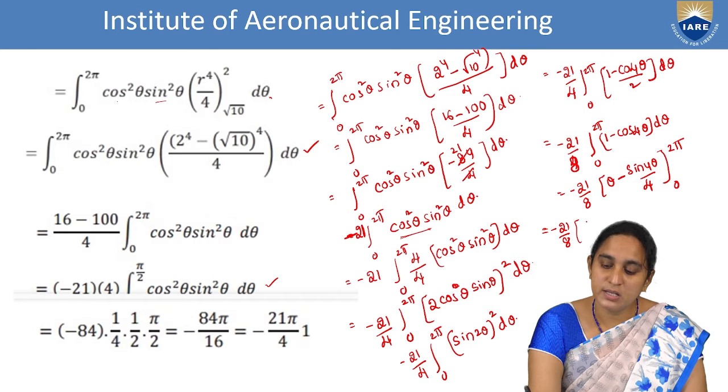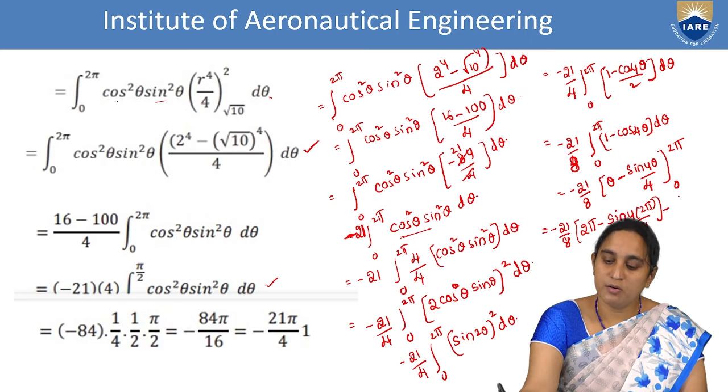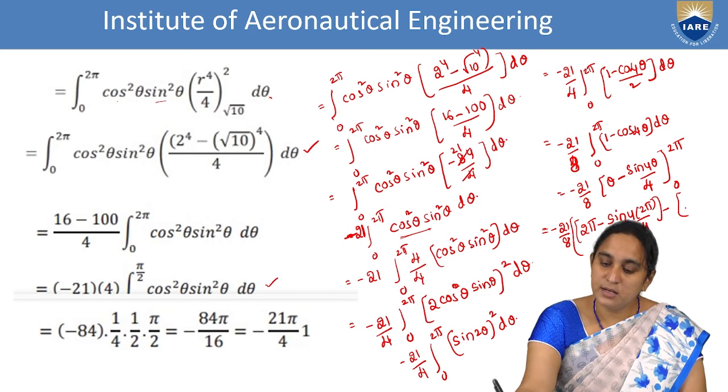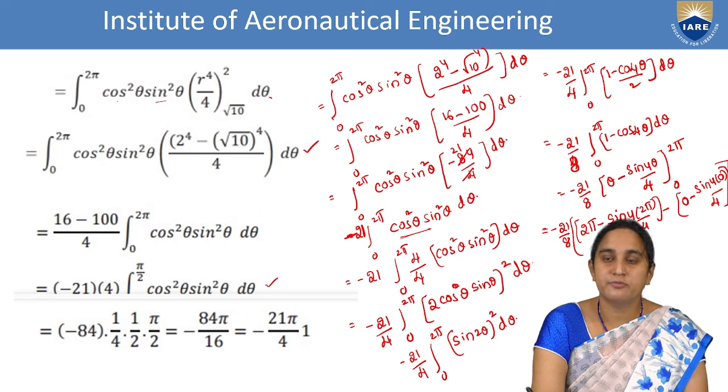Now I'm substituting 2 pi in place of theta: 2 pi minus sin 4 of 2 pi by 4, minus, for theta as 0, 0 minus sin 4 of 0 by 4.